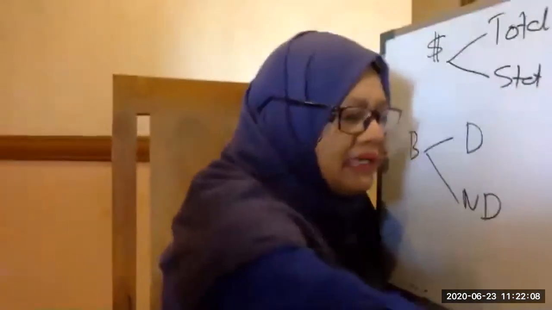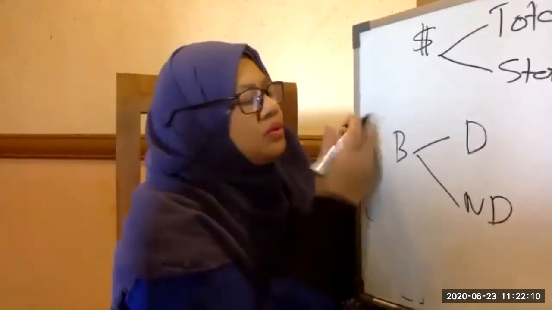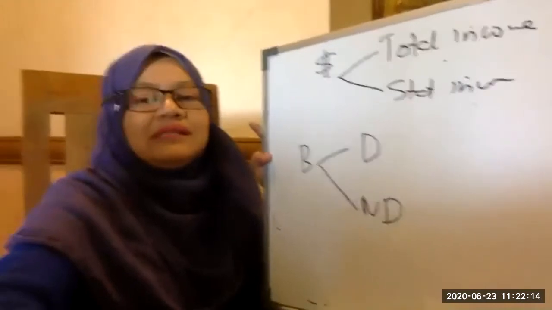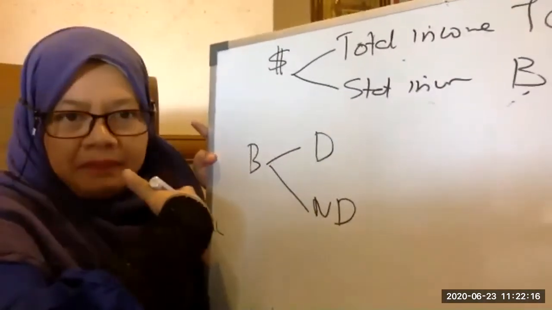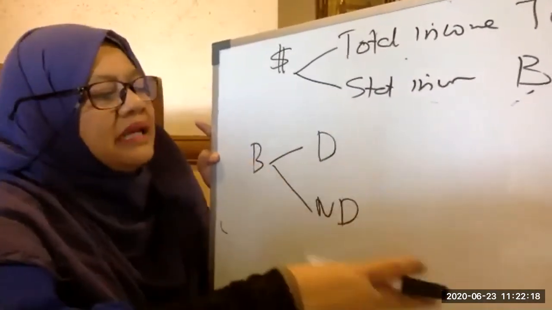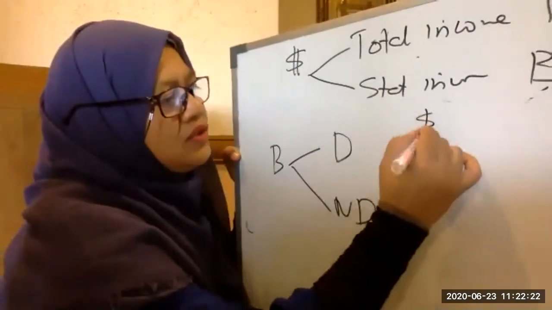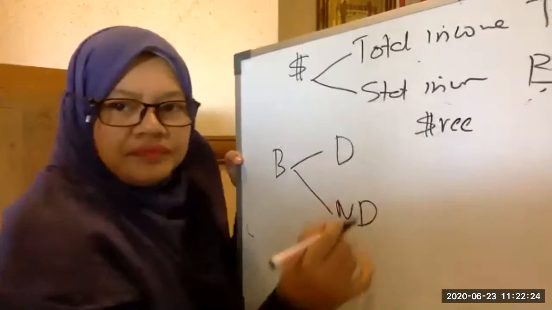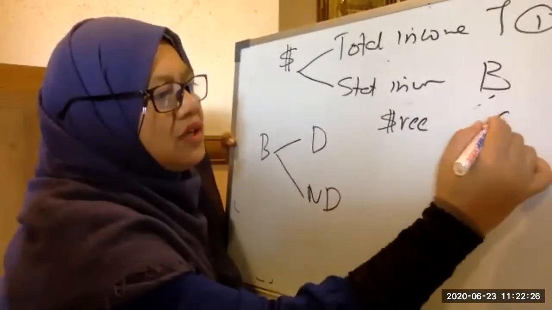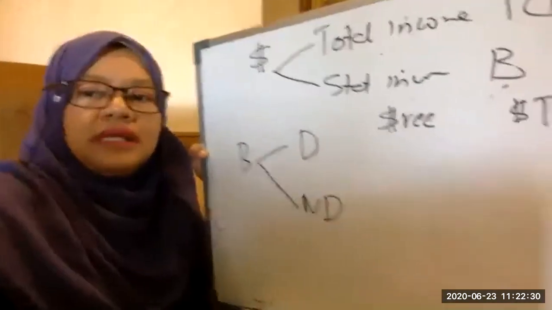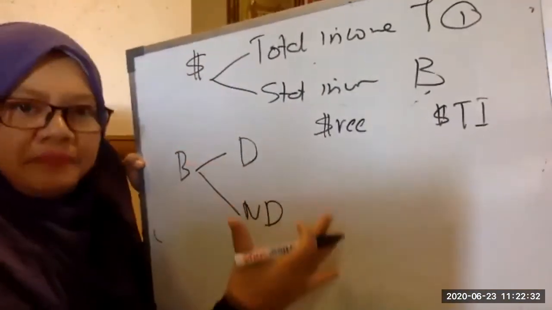So that one is very clear, so you have to follow. So what do you mean by discretionary? It means that it's up to the discretion of the trustee to decide how much to give to the beneficiary. And of course, the implication is that you will see later, there is a difference between how much you actually receive and how much is actually your total income under the trust for the beneficiary.